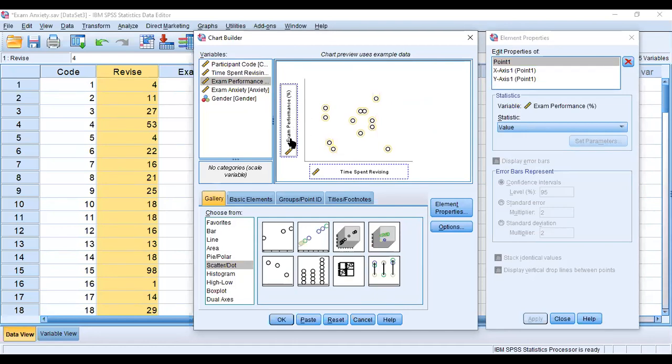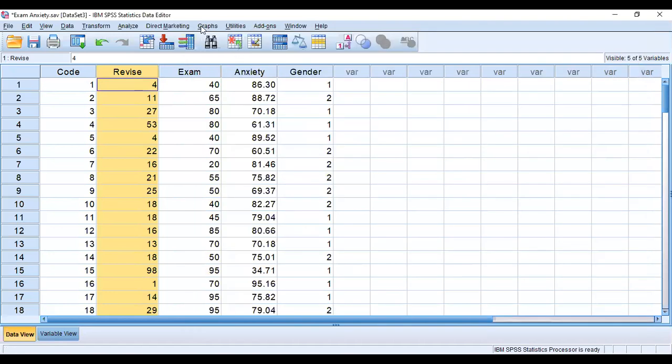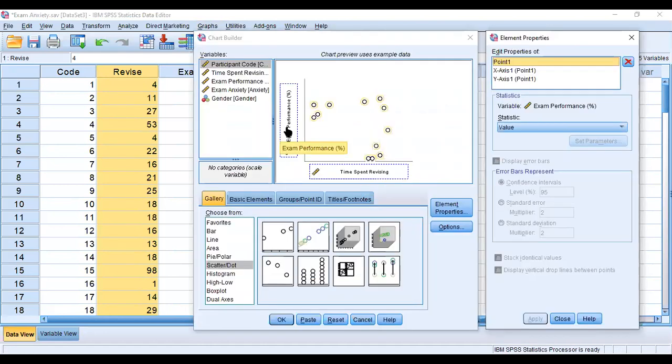So the dependent variable we take on the y-axis, and then okay.